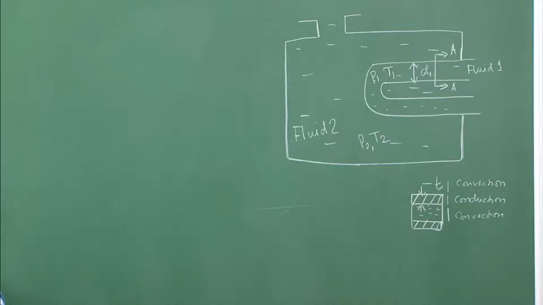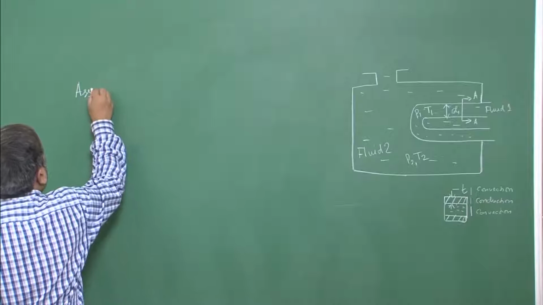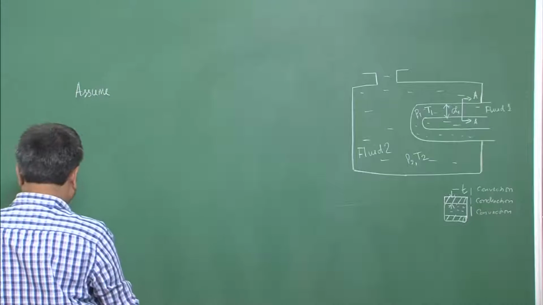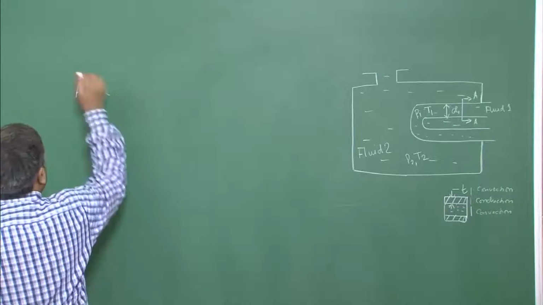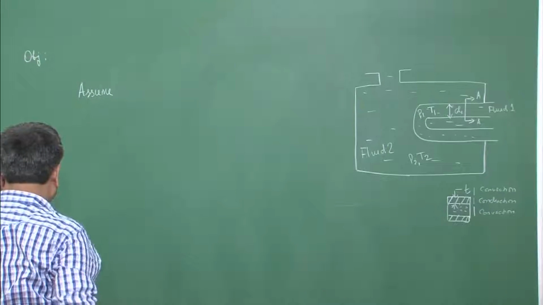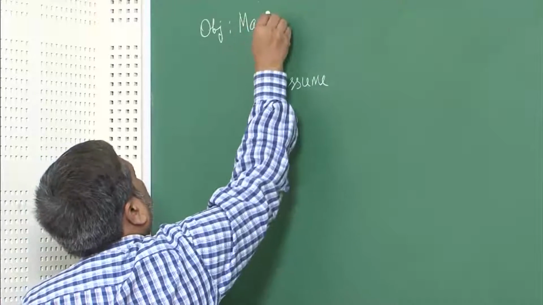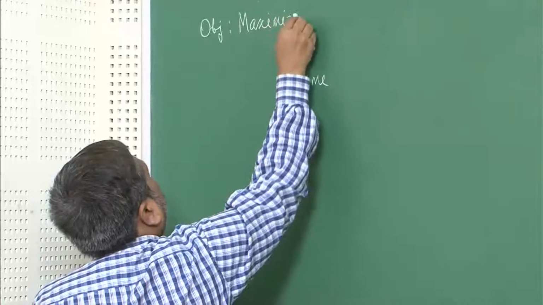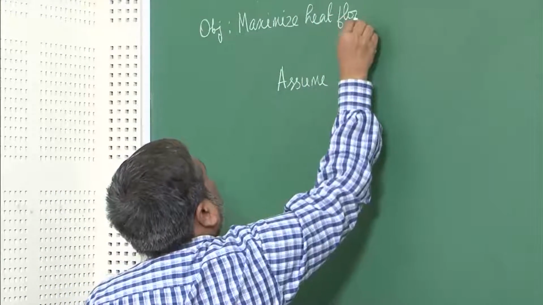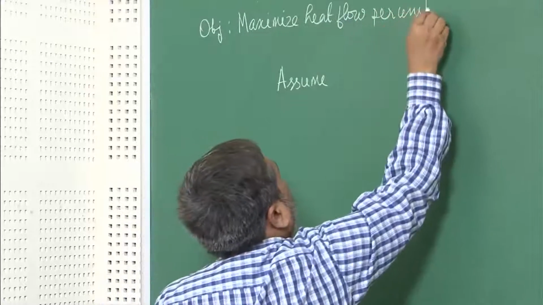Now, let us assume steady state heat flow. Let us just put our objective at the top, which is to maximize heat flow per unit area.